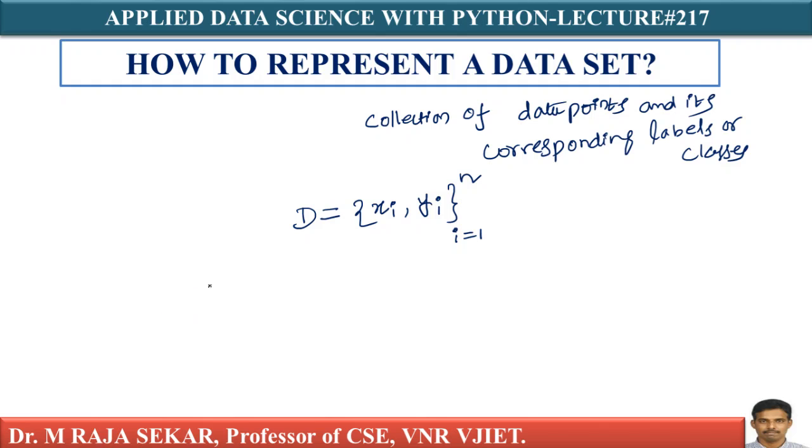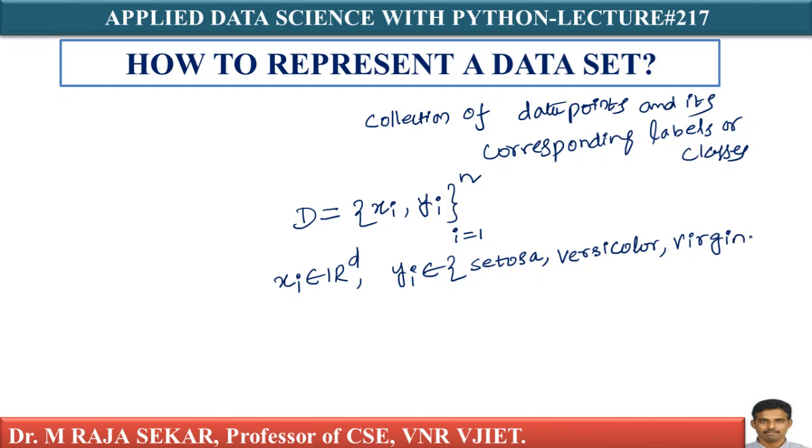Your xi belongs to R^d, and your yi belongs to setosa, versicolor, virginica. There are three labels, otherwise three classes.